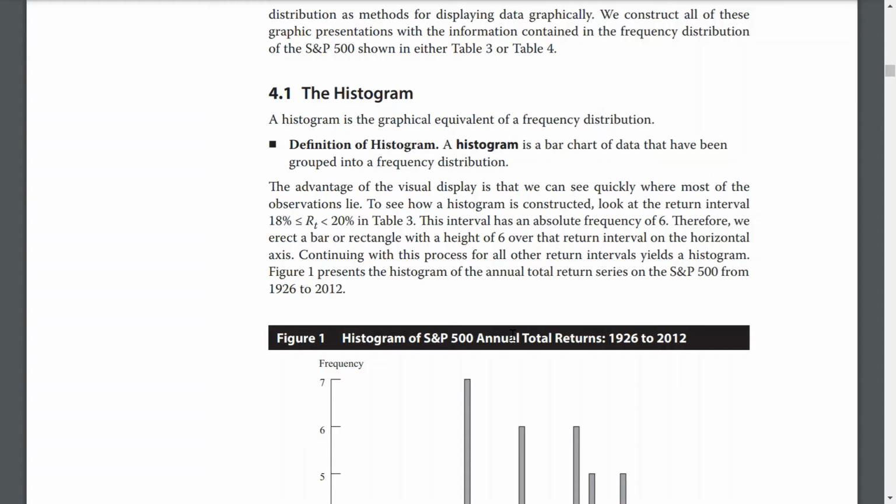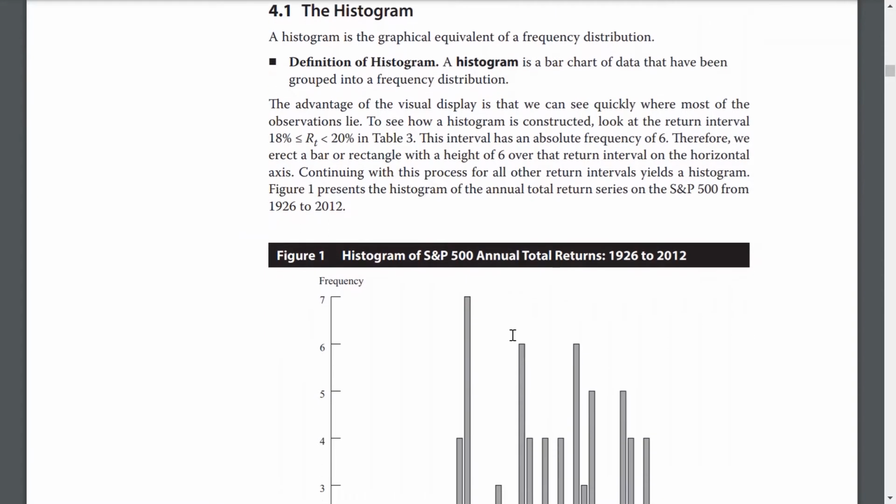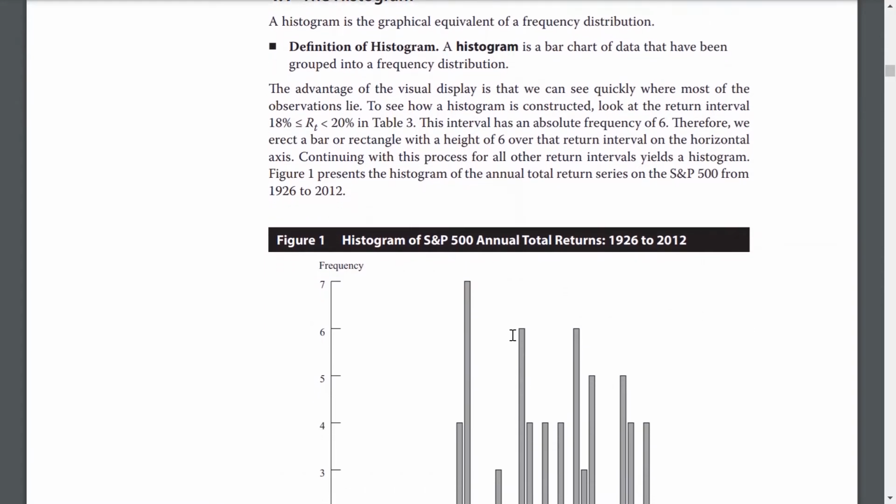The advantage of a visual display is that we can see quickly where most of the observations lie. To see how a histogram is constructed, look at the return interval between 18 and 20%. In Table 3, the interval has an absolute frequency of 6. Therefore, we erect a rectangle with a height of 6 over the return interval on the horizontal axis.